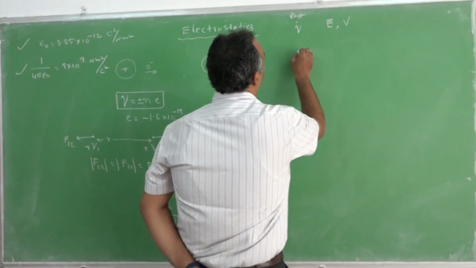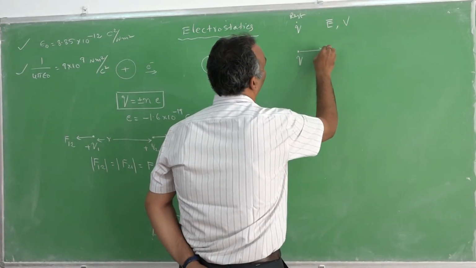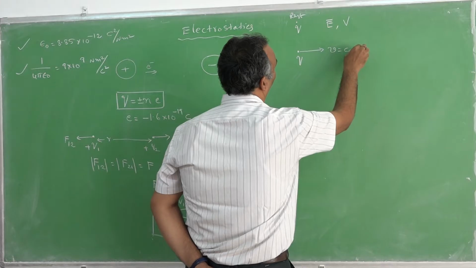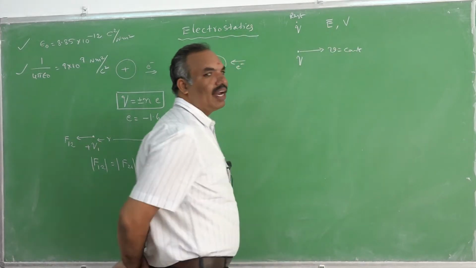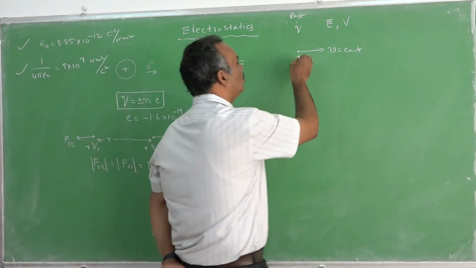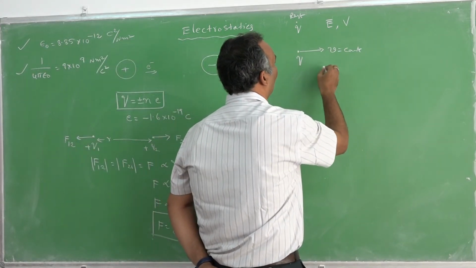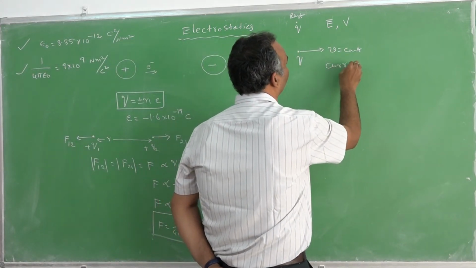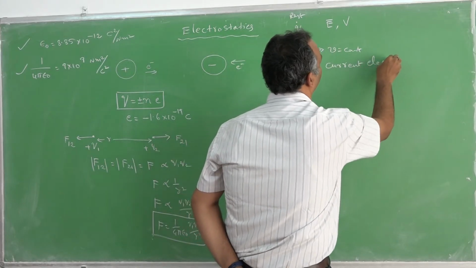Suppose a charge is moving with constant velocity, then it creates some current. You can study this constant velocity moving charge under the heading of current electricity. That is the next chapter.